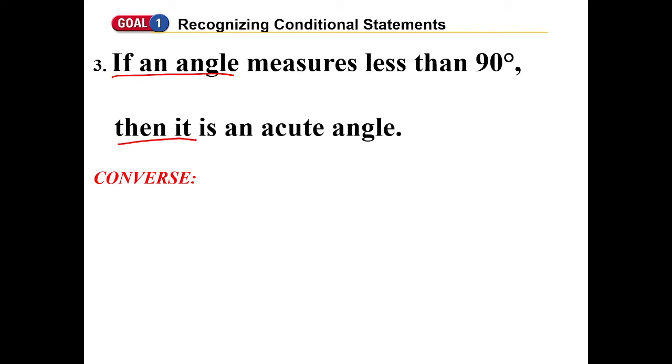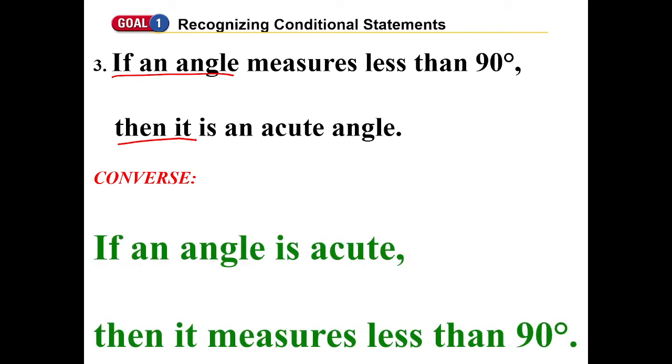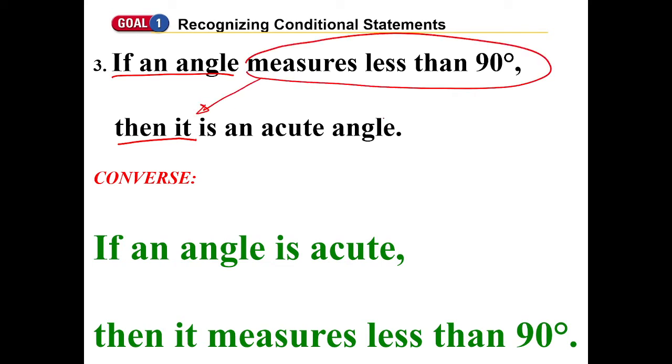If. Sakto. Okay. If an angle is acute, or is an acute angle, pwede ra na, then it measures less than 90. You notice, the measures moved here, and the is an acute angle moved to the if. That is what we call converse.